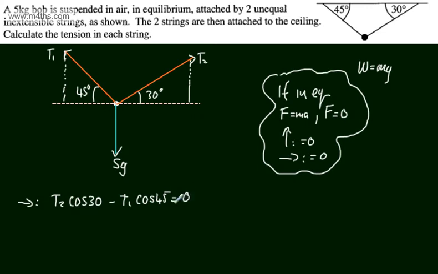Using Newton's second law, if we resolve parallel to that line, we get 0. Now at this stage I could use exact values, you don't have to, but we could. The cosine of 30 degrees is root 3 over 2, and we could set that equal to T1 times the cosine of 45 degrees, which is root 2 over 2.